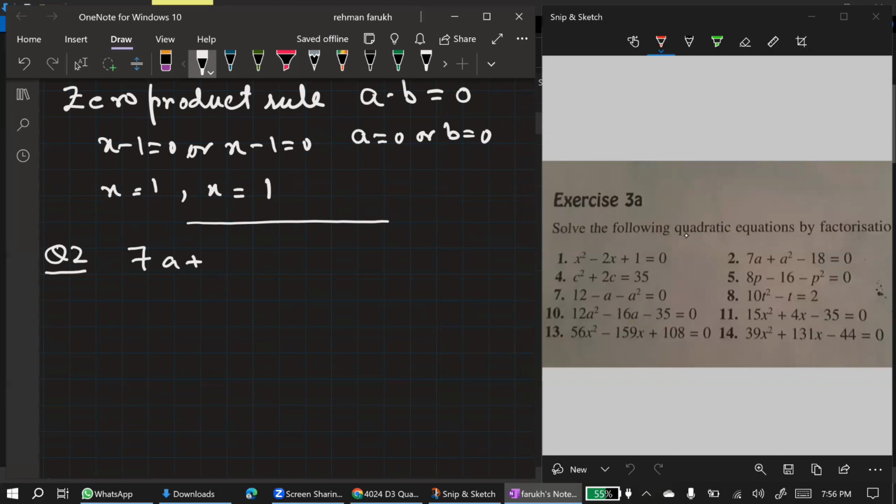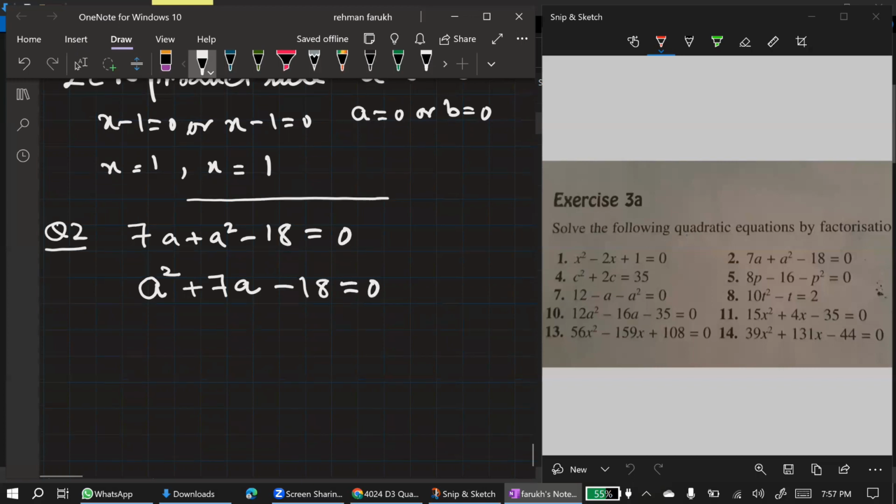7a plus a square minus 18 is equal to 0. First of all, we will arrange this equation. We will write down the term containing a square at the first place, then the term containing a at the second place, and the term without a at the third place.